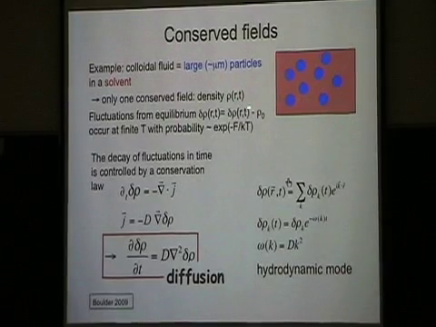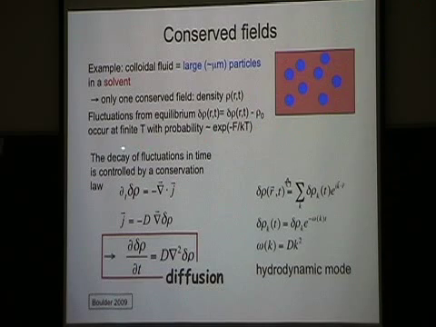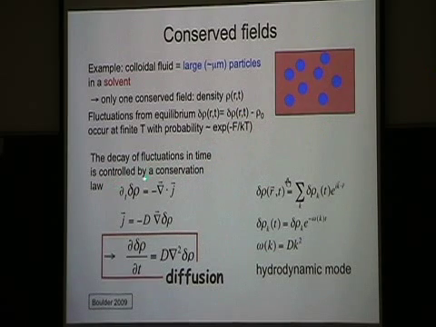Now, if I consider a fluctuation in the density of colloidal particles away from its equilibrium value, such fluctuations will occur in a thermal system with a probability proportional to e to the minus free energy divided by k_B T, and they relax back to equilibrium in a way that is controlled by a conservation law. That is, the rate of change of the density fluctuation is the gradient of a current, and the current itself is controlled by gradients of density, with a constant D, which is a diffusion constant.